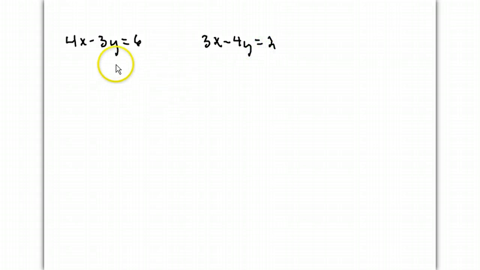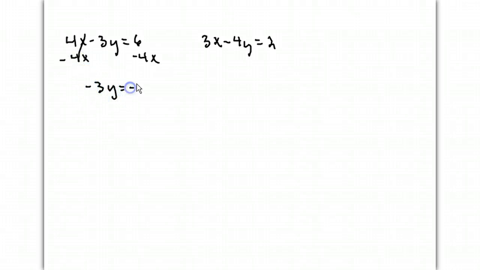Let's say that you have randomly selected two lines, and you want to know if they're parallel or perpendicular, either one. To find out, you also have to get them in terms of y equal. So you subtract 4x from both sides over here, and you end up having negative 3y equal negative 4x plus 6.